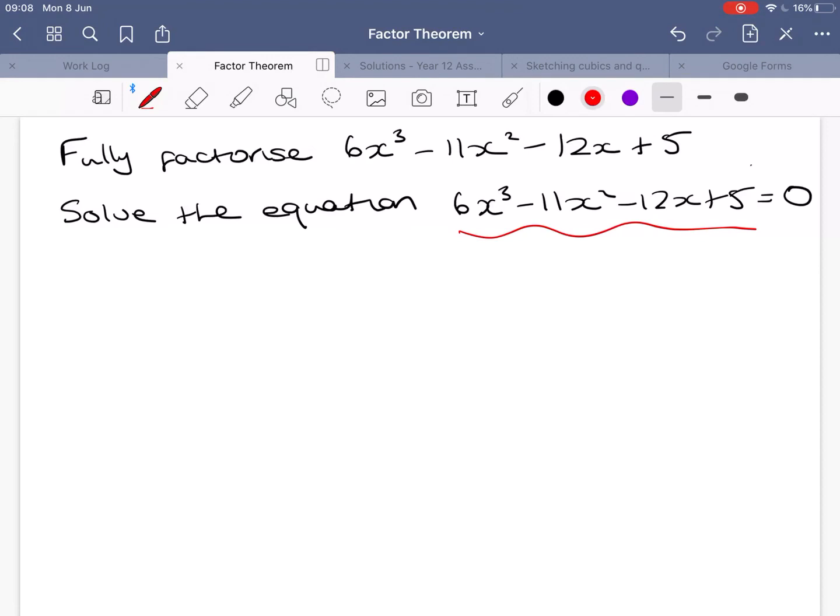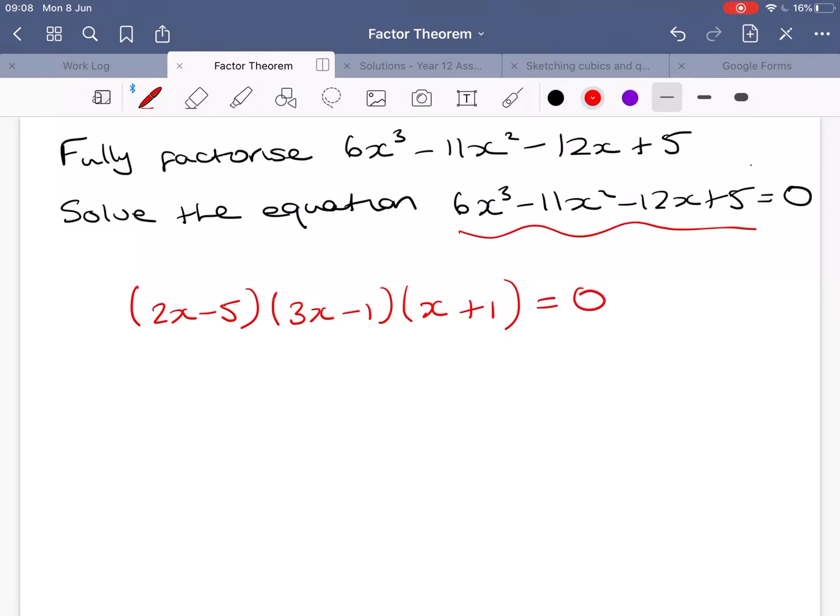I am going to use my calculator. And so I think they would be 2x minus 5, 3x minus 1, and x plus 1. Okay, so if I factorise that fully, I'd get that.